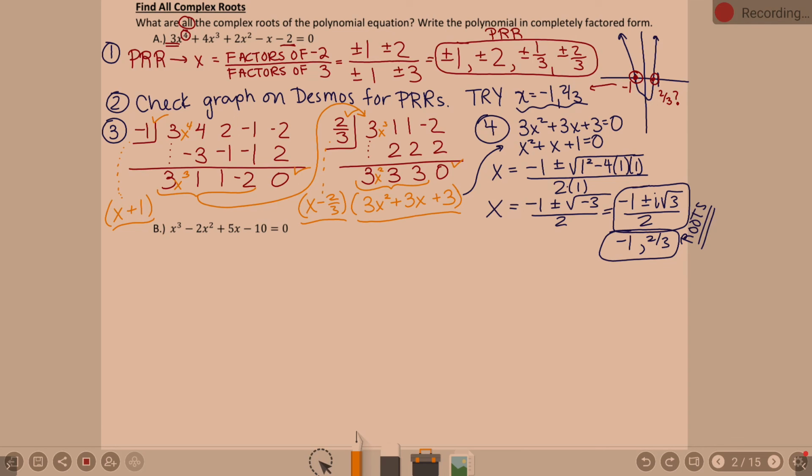So if they wanted factored form, you are saying x plus 1 times x minus 2/3 times the 3x squared plus 3x plus 3. So it all depends which part of the question you're answering. Some questions have both on there, some questions only have one.